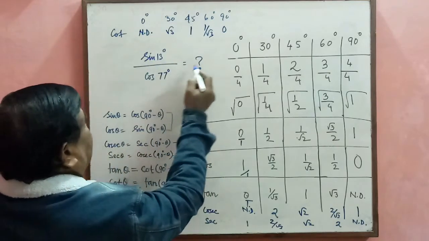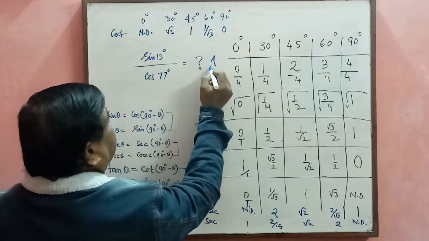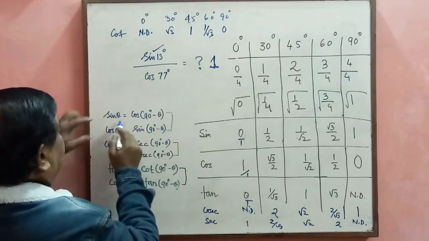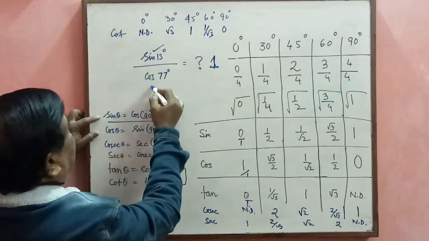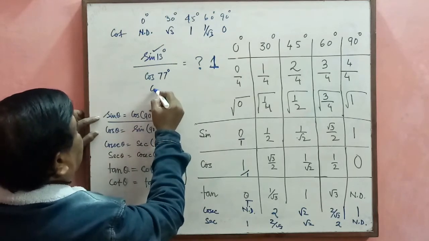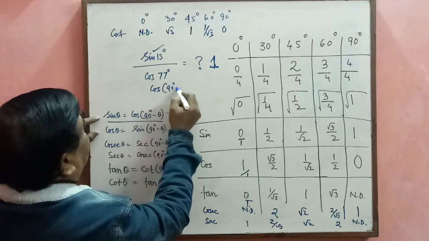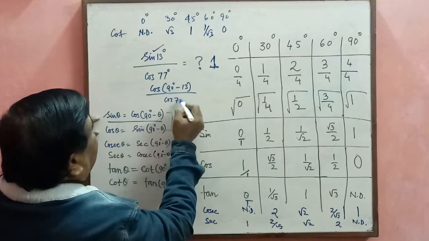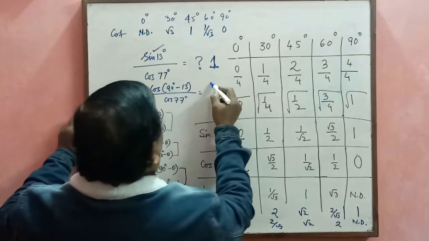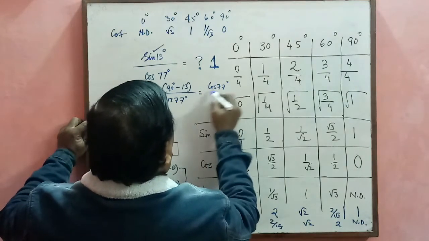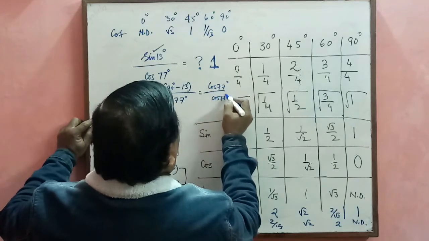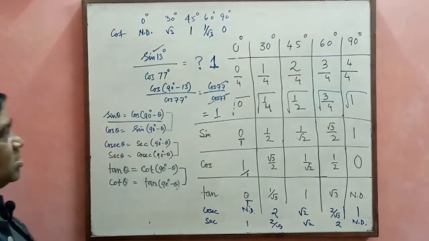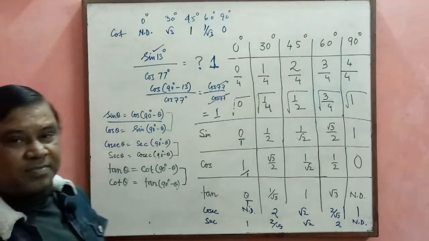Now the value of this one is 1. How? We can change this one. This is nothing but cos of 90 degree minus 13 degree upon cos 77. So this is cos 77 upon cos 77. So this is getting cut, 1. So 1 is the answer.